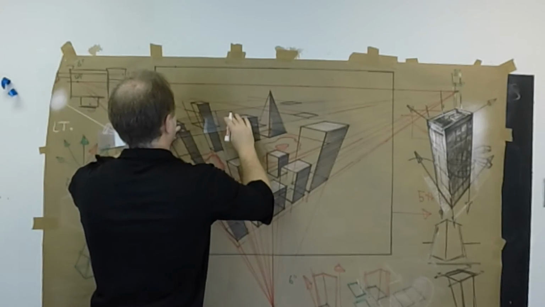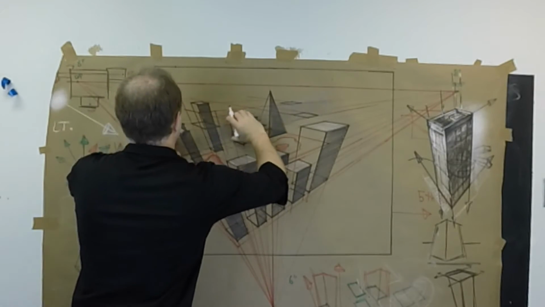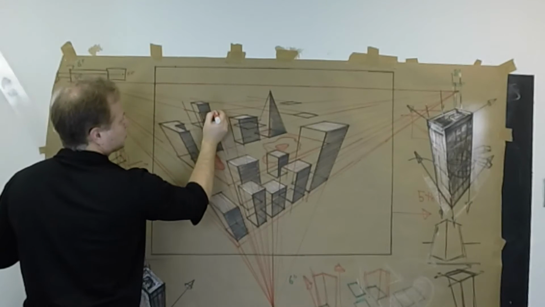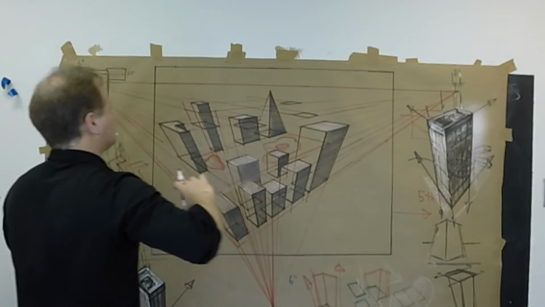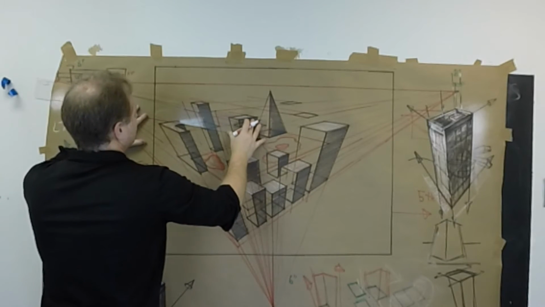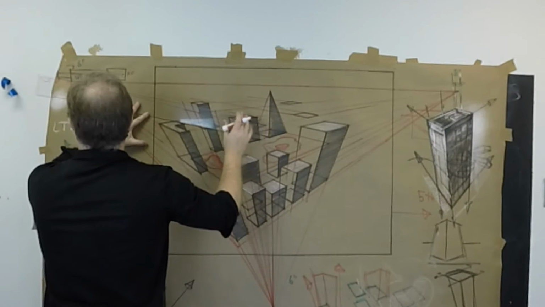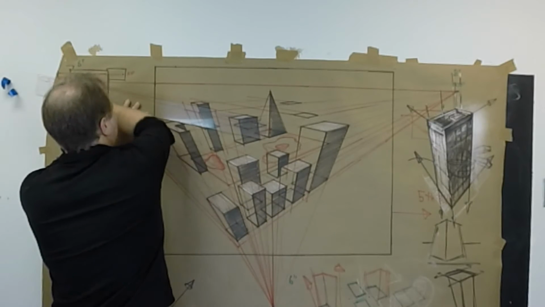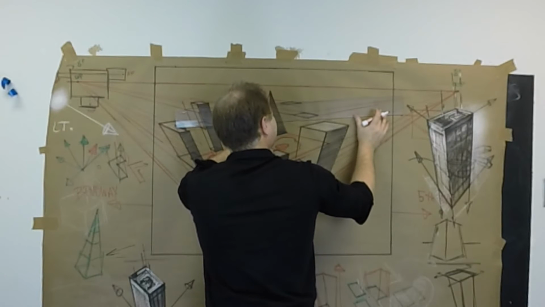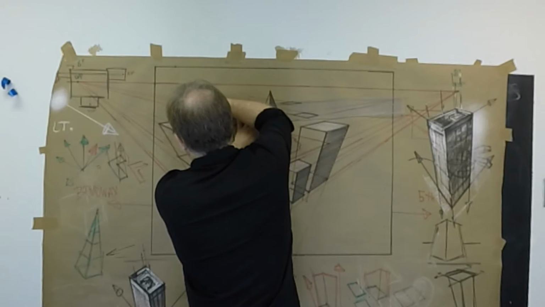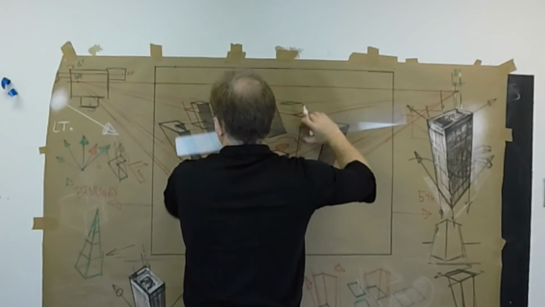Here's the right plane. And then now it's basically a 2-point drawing. So from this point over to the left vanishing point, and this point over to the right vanishing point with our convergence lines. So we'll have that, and we'll have this coming back over. There to there. Okay. So we've got that.